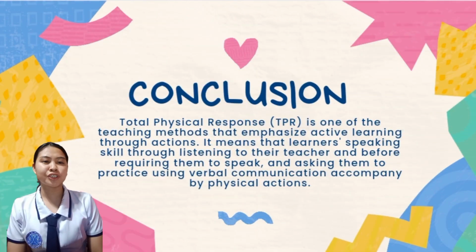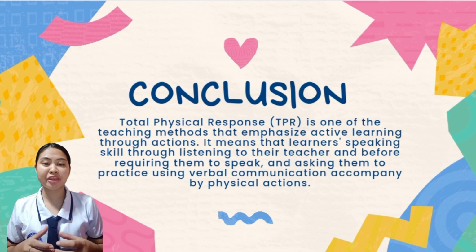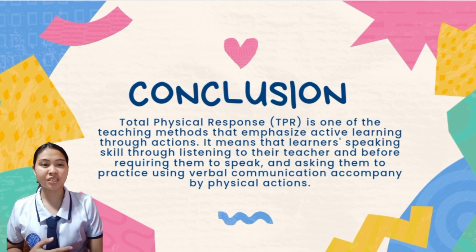So for the conclusion, the Total Physical Response is one of the teaching methods that emphasize active learning through actions. It develops learners' speaking skills through listening to their teachers before requiring them to speak, and asking them to practice using verbal communication accompanied by physical actions.